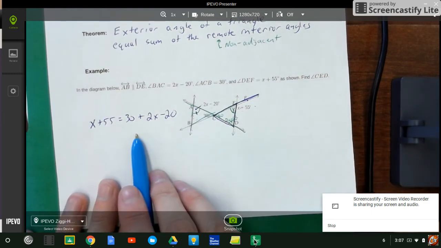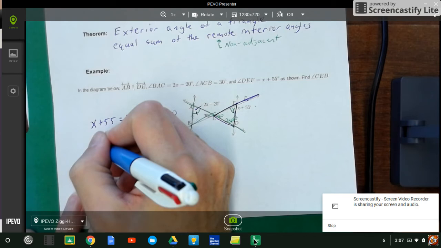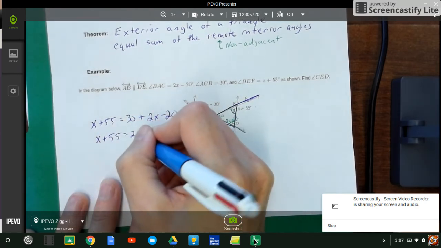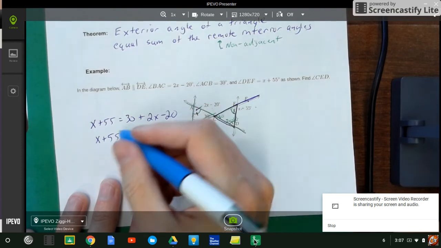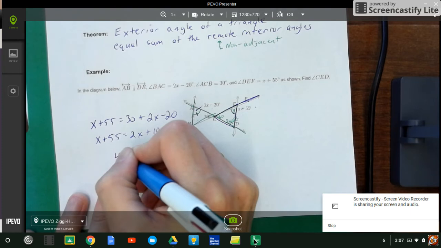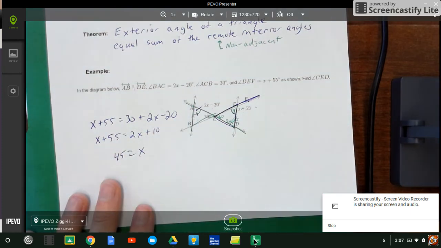So using that idea here, I'll do a little algebra work. So that's going to be 2x plus 10. If I subtract this x here, subtract 10 there, I get that. Double check my arithmetic. Yeah, it's looking good.